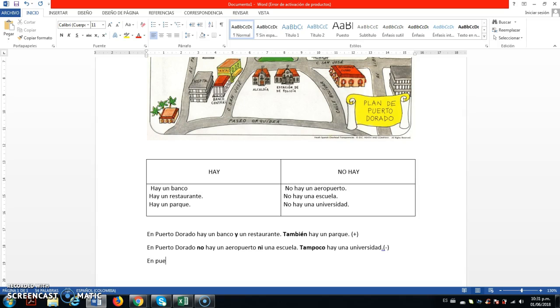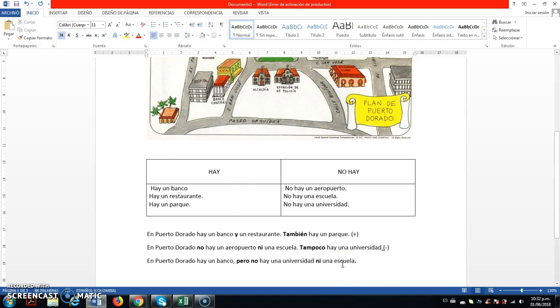Podemos decir en Puerto Dorado hay un banco, pero, contraste, pero hay, pero no hay una universidad ni una escuela. No hay una universidad ni una escuela.